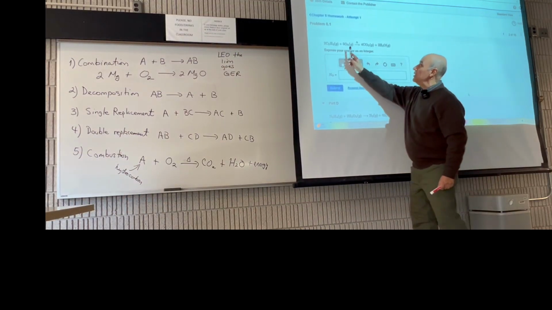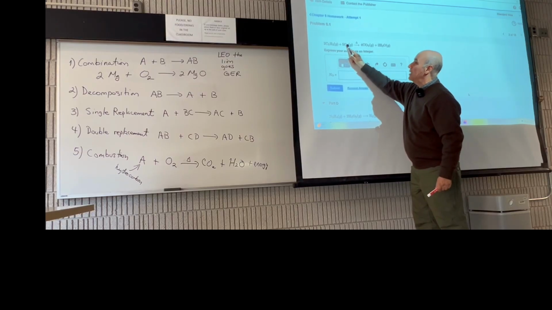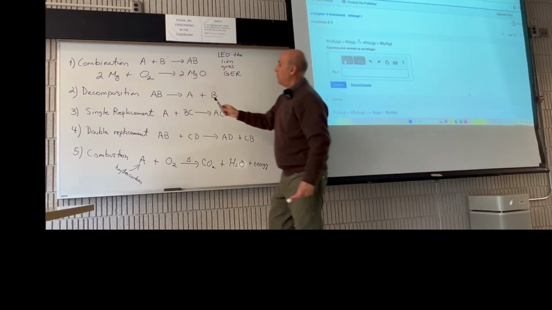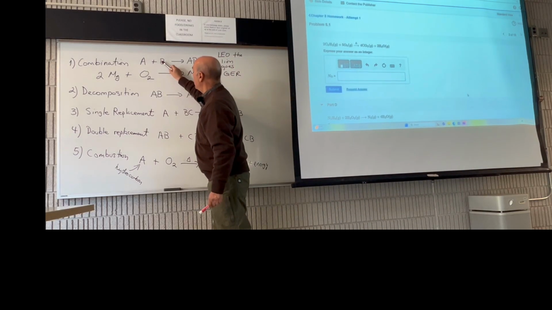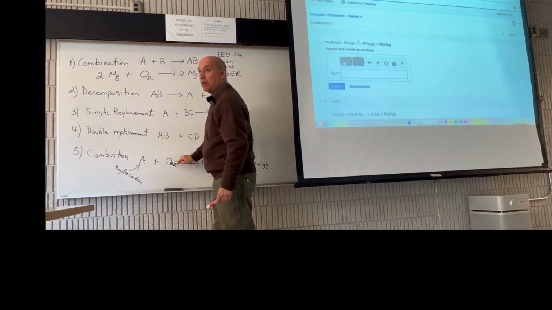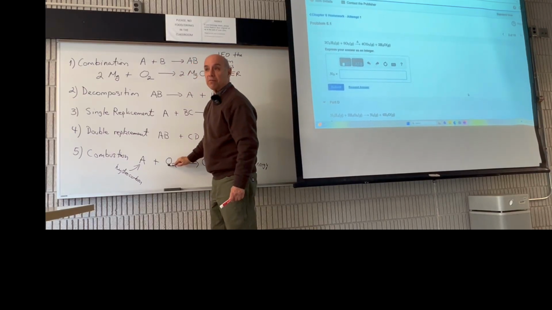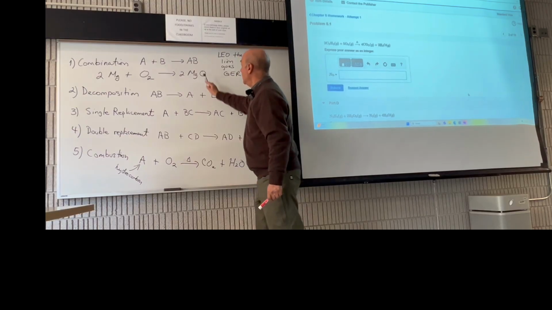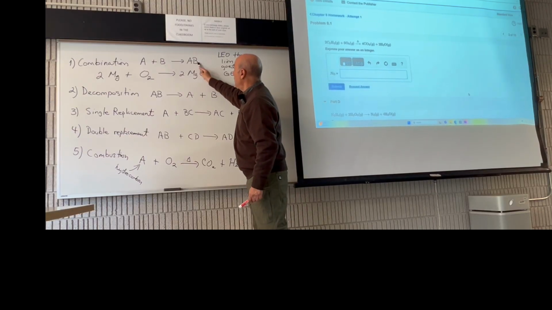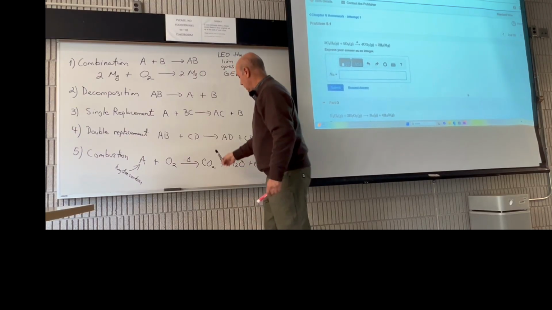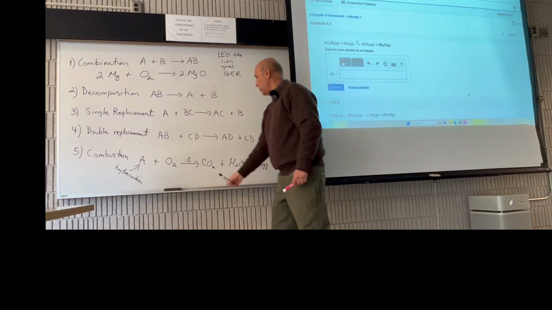So what do you see on the left? You see oxygen by itself. I mean, of course, you see oxygen in this example, but not in the generic one. In the generic one, here you see oxygen by itself. On the product side, here you don't see water. Here you don't see carbon dioxide. Here you see water, and you see carbon dioxide.